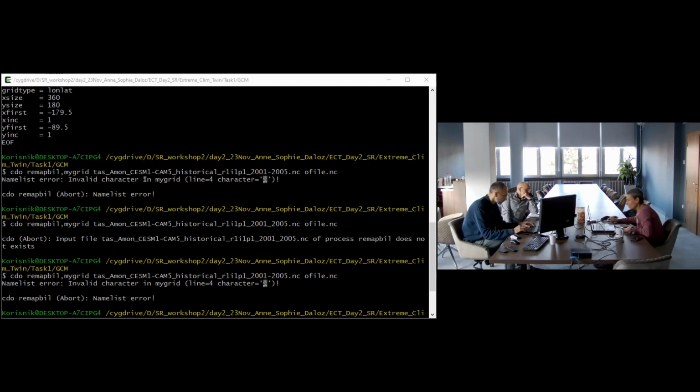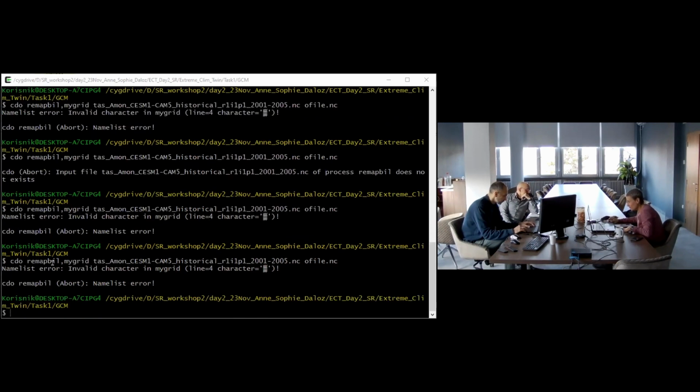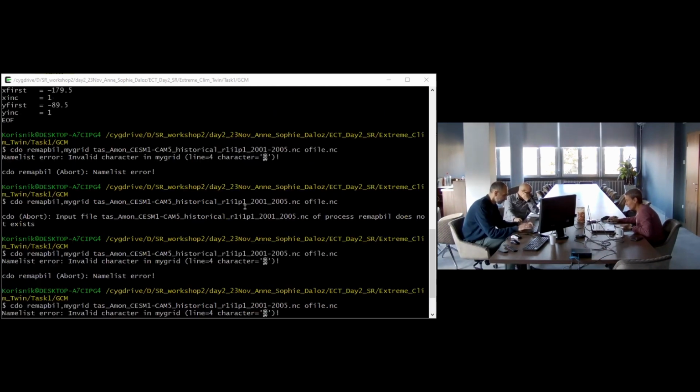When I do the remapping, I use mygrid, the file I want to remap, and the file that I want to write it in. It first gives me a namelist error on a character, and when I correct the character, it gives me the error: input file of process remap does not exist.